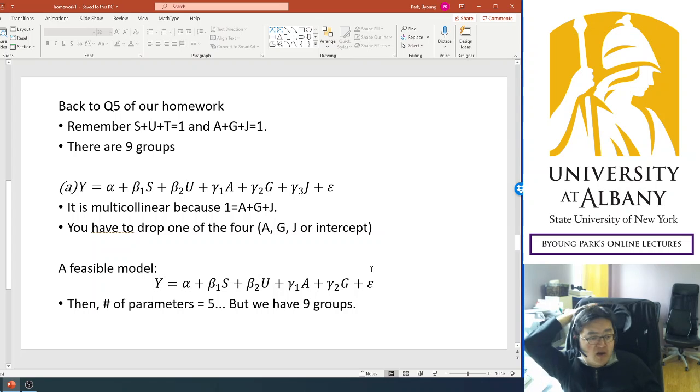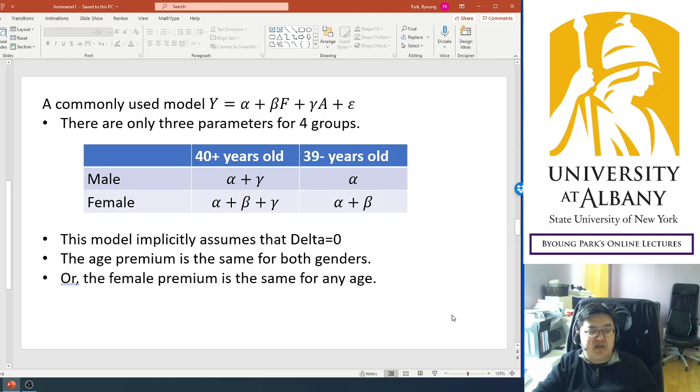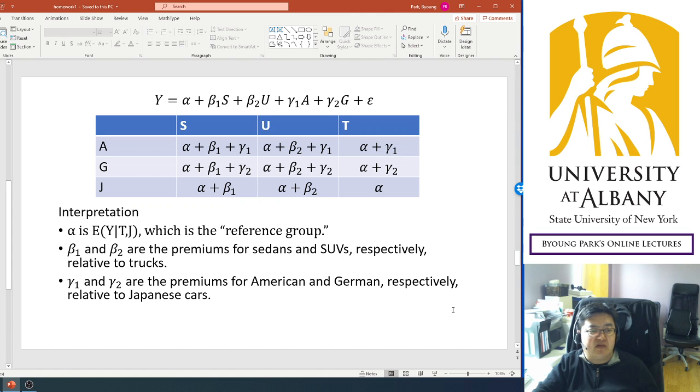But then, as before, the number of parameters is smaller than the number of groups. Where are the 4 degrees of freedom? 4 degrees of freedom have disappeared. We are going to study that in this table.